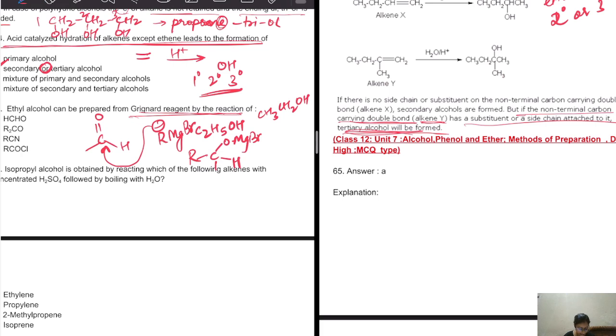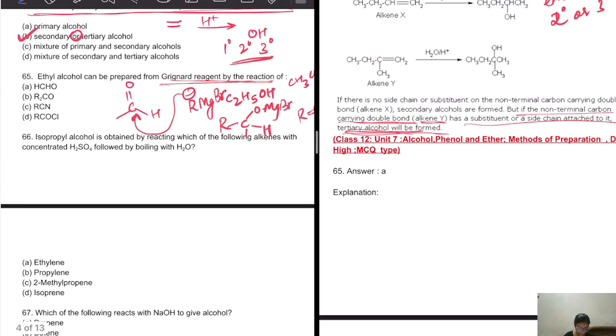We already have a carbon here, see, one carbon is already there, and what we need is one more carbon here. So what will we do? R will be CH3, and here it will be H, that is CHO. The correct answer is A.